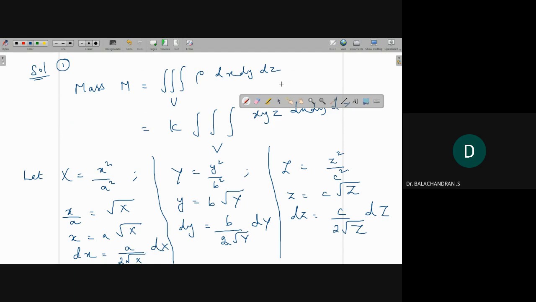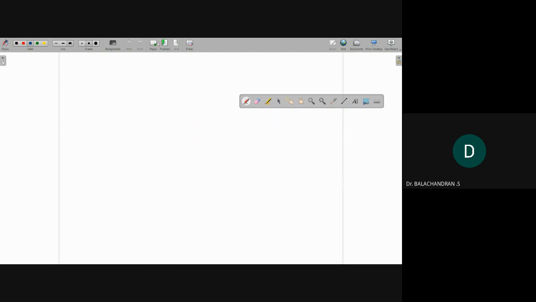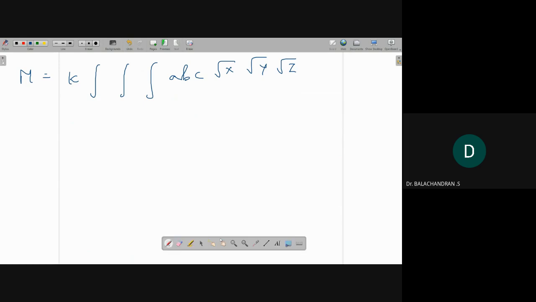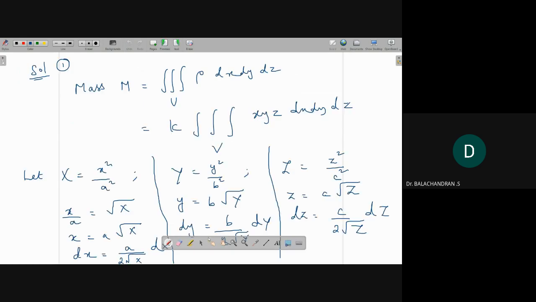Okay, now replace small xyz in terms of capital XYZ. So xyz is what? abc into root X, root Y, root Z. And then dx, dy, dz: 1 by 2, 1 by 2, 1 by 2.